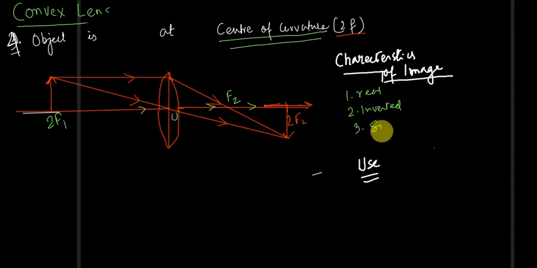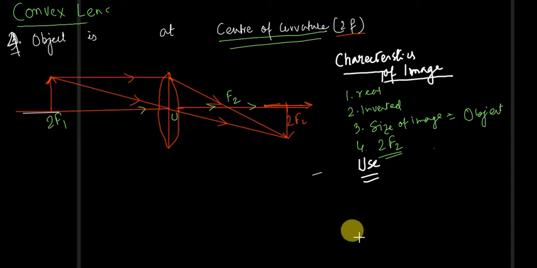Okay, size of image is equal to object size. And number 4, where is the image formed? Image is formed at 2f2. Okay, so where is this used?